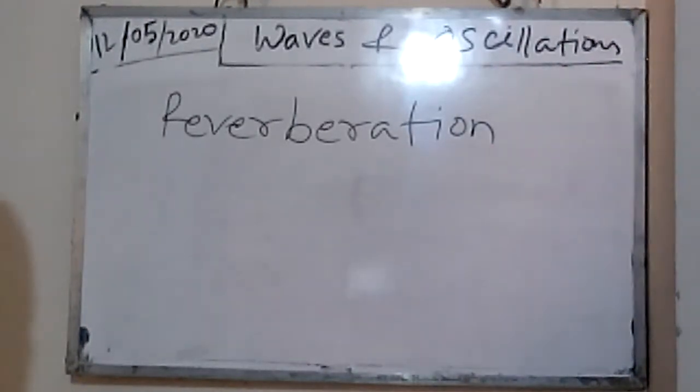Prolonged reflection means reflection of sound for quite a while, not too long but a considerable time, from the walls, floor, ceiling of a room. This is reverberation.